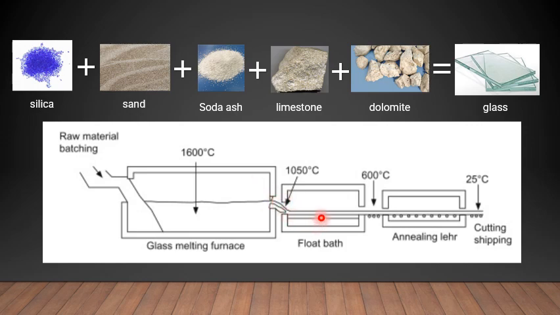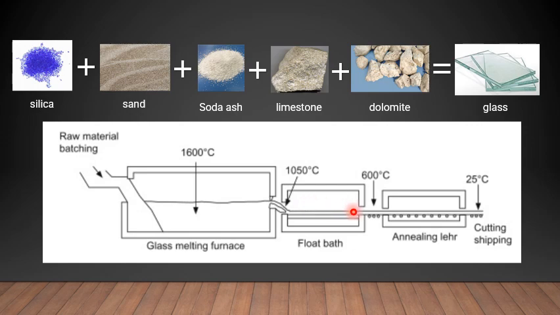The float bath is a large shallow bath of molten metal, usually tin. At over 1000 degrees centigrade, the molten glass is fed into the tin bath, which contains molten tin in an inert gas atmosphere. The molten glass spreads over the molten tin and forms a continuous ribbon.